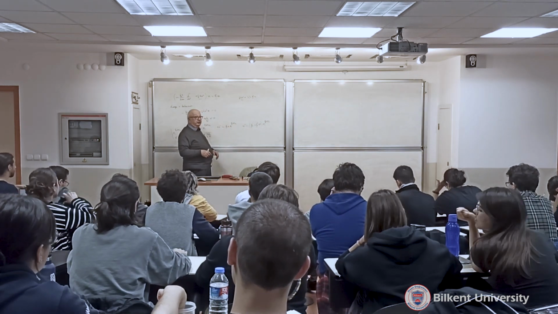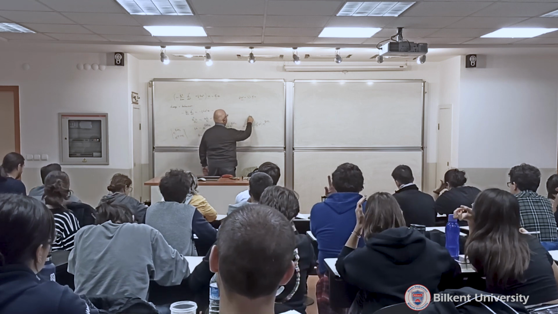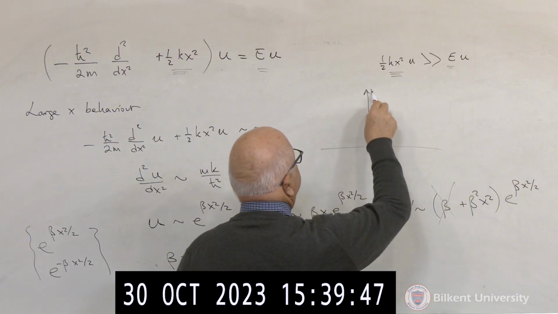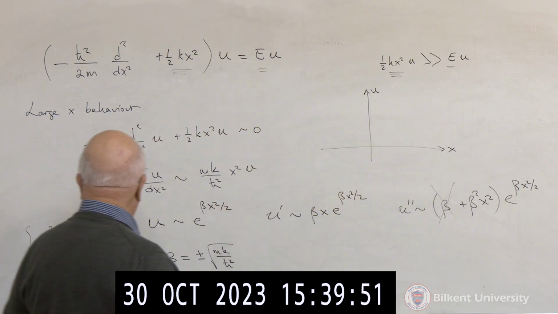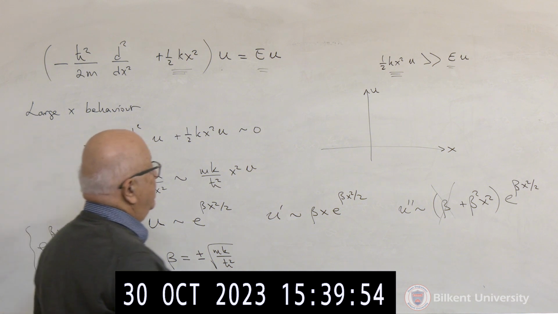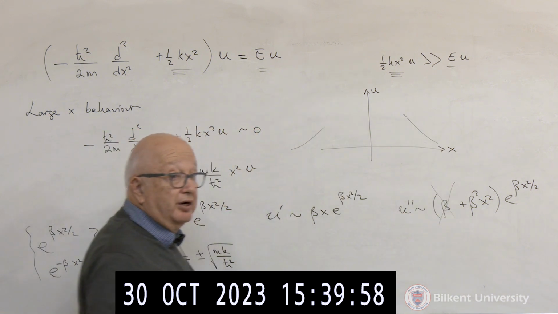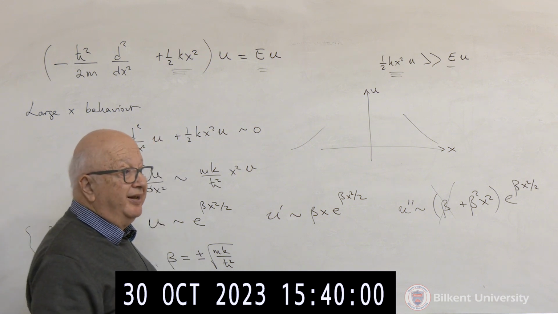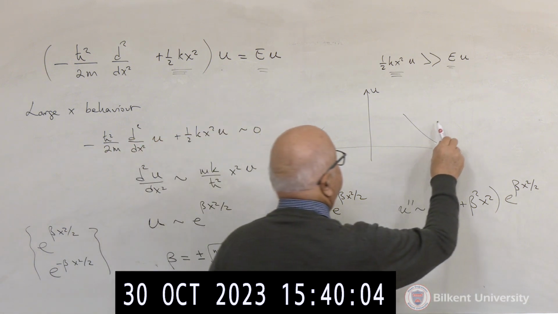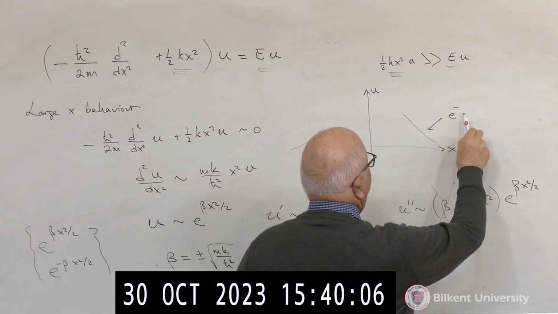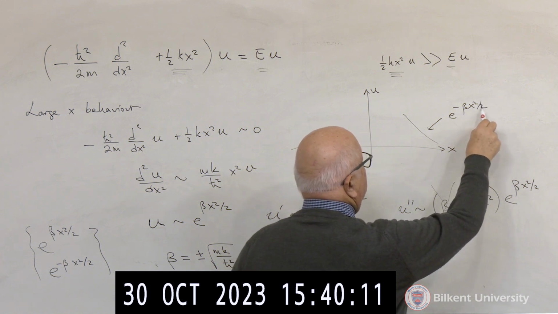So what we see is that this function u as a function of x does something, but when x becomes very large, this is the asymptotic region that we are interested in. In that region, it appears that there's this nice solution e to the minus beta x squared over 2.